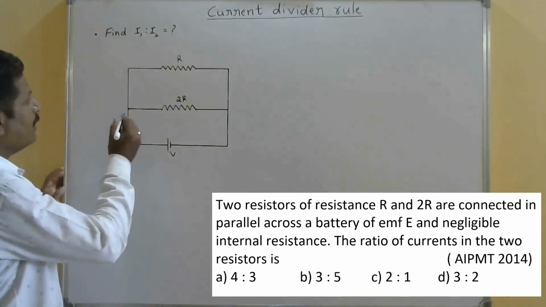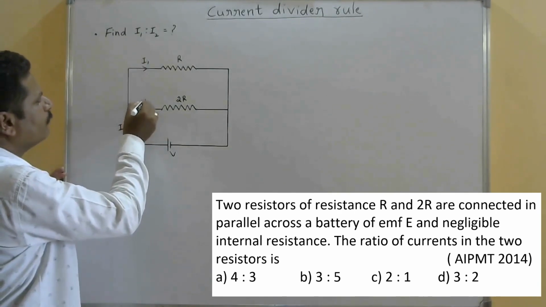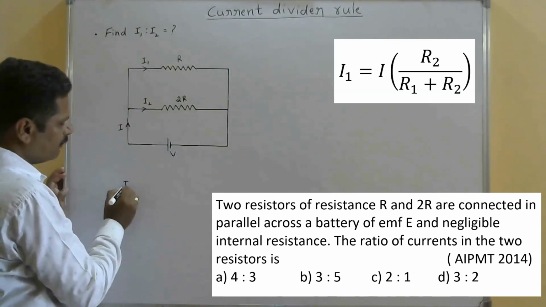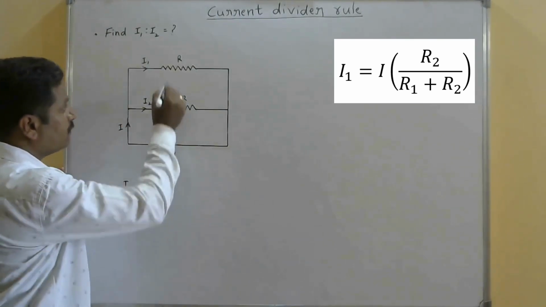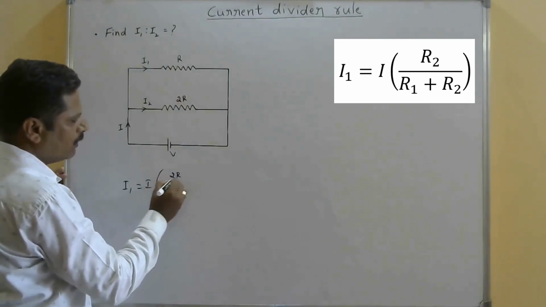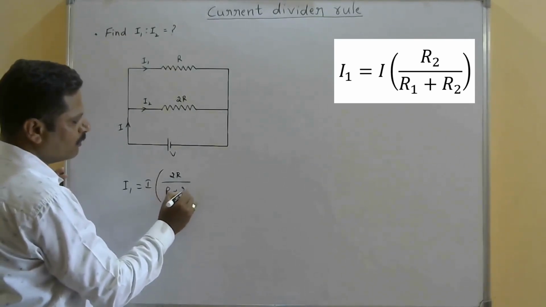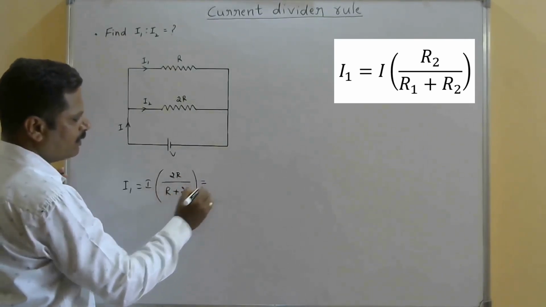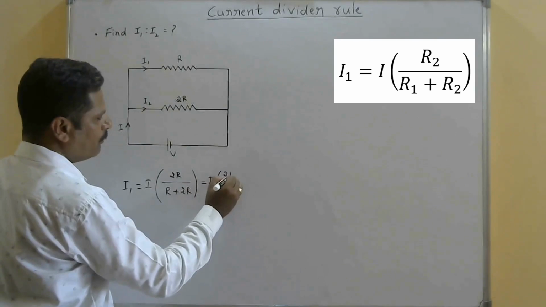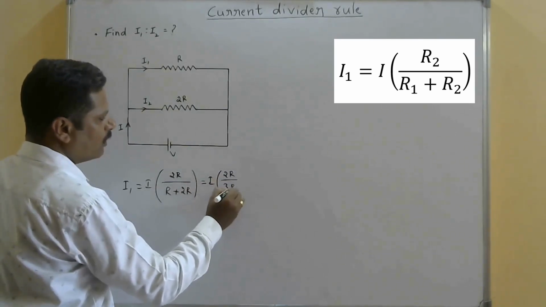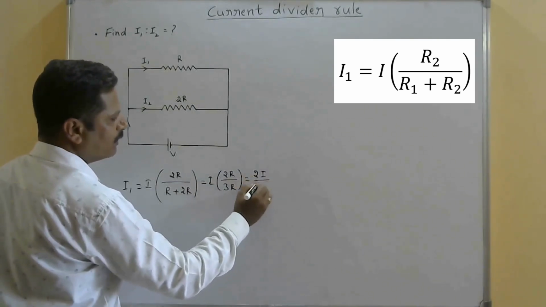So here I1, let me mark this one as I1 and this is I2. We know that I1 is equals to total current into opposite resistance, that is 2R, divided by sum of the resistances R plus 2R, and this can be written as I of 2R by 3R, or else you can take 2I by 3.